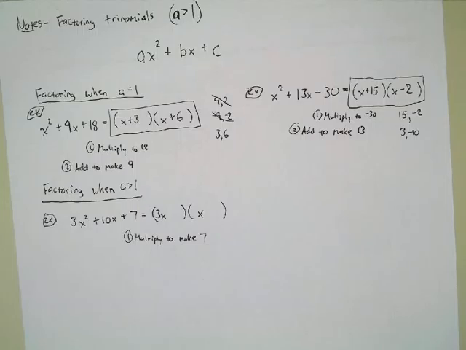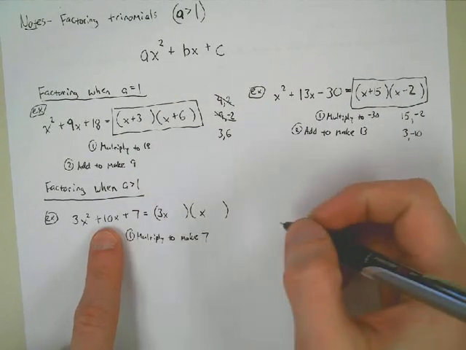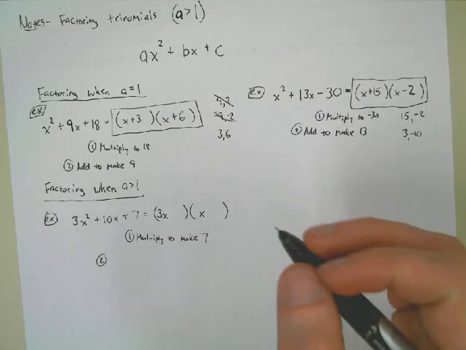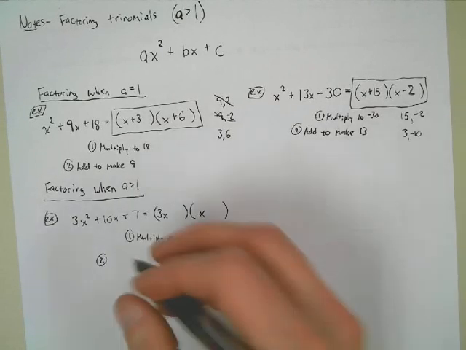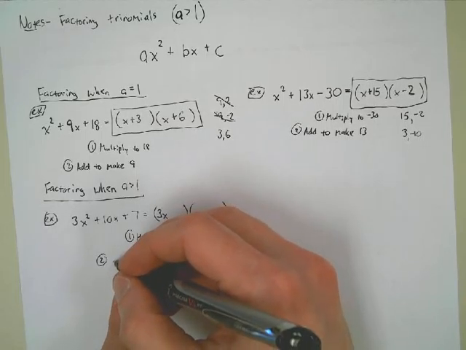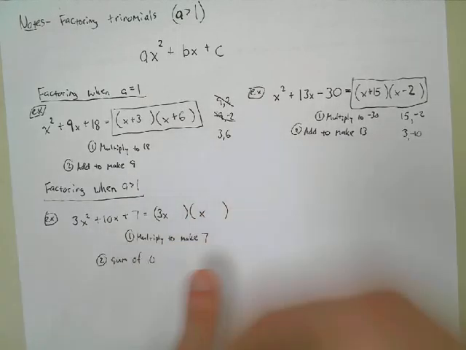So we're going to have to hold off on that. We still want to have a sum of 10 though. So what are two numbers that multiply to make 7? Yeah, 1 and 7. So we could try plus 1 here and plus 7 here.